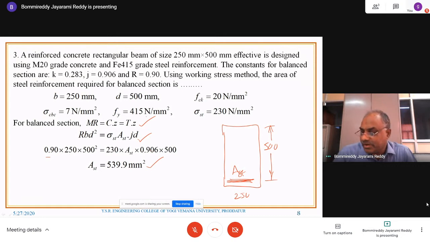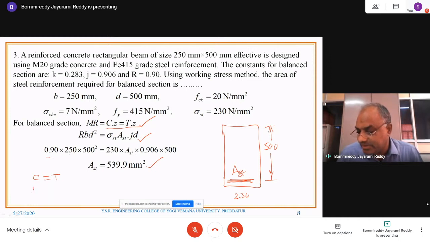That's all. Or otherwise, because in the moment of resistance both Z values are the same, C into Z will be equal to T into Z, so Z gets cancelled. What is the remaining? C equal to T. So sometimes you can also use C equal to T. What is C?